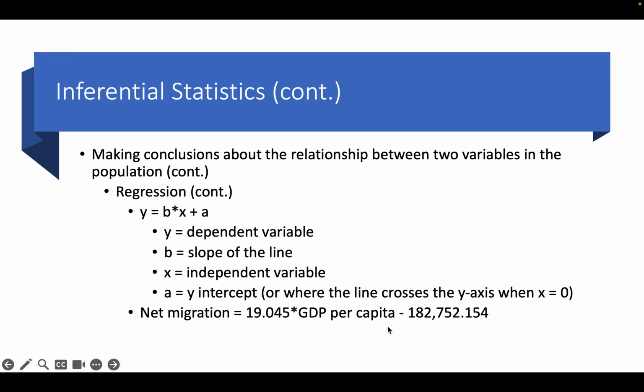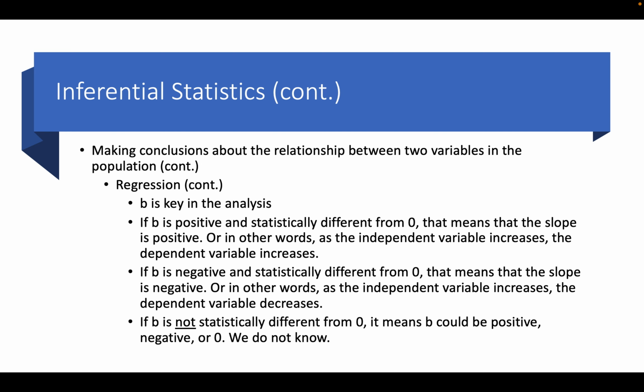It's a negative number. And the slope coefficient is 19.045 multiplied by GDP per capita. So that means for every unit increase in GDP per capita, migration increases by 19.045. So that's a very precise result.